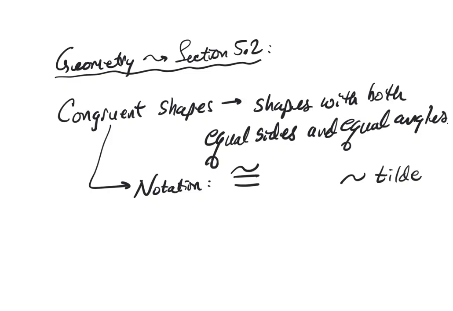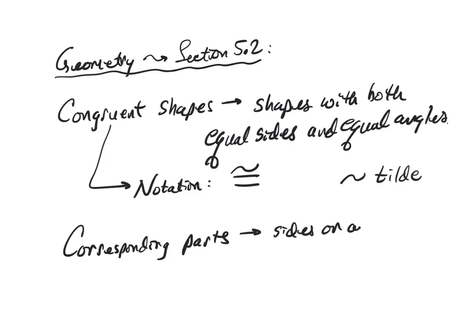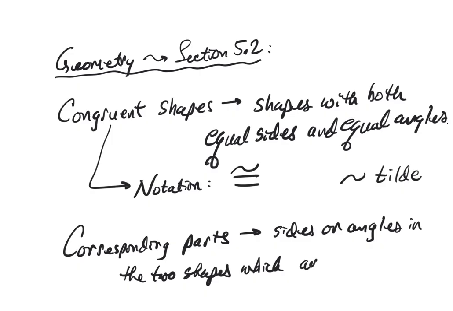And one of the more important ideas that we're going to use with congruent shapes is this idea of corresponding parts. And what we mean by that is the sides or angles in the two shapes which are equal.